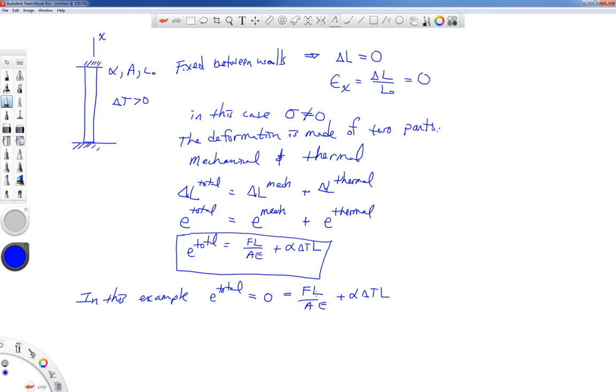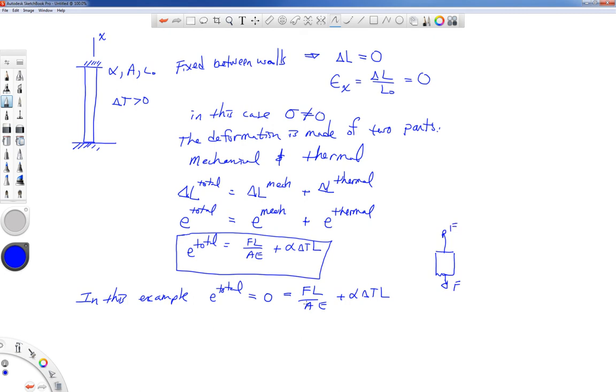It could be positive or negative. I'm going to assume that it has a positive deformation since I have a positive sign here. That corresponds to a free body diagram that would be in tension for this particular material.